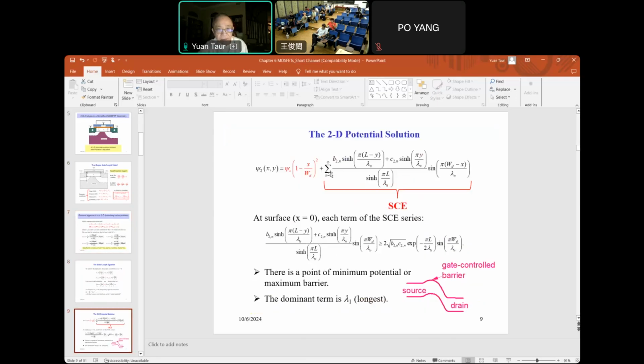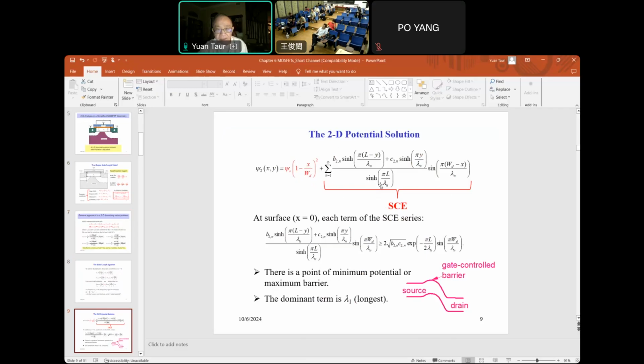The long channel solution we can write down by the depletion approximation. At x equal to 0 is psi s, the surface potential for a particular gate voltage, and then it goes along a parabolic curve with apex at x equal to WD, the depletion depth.